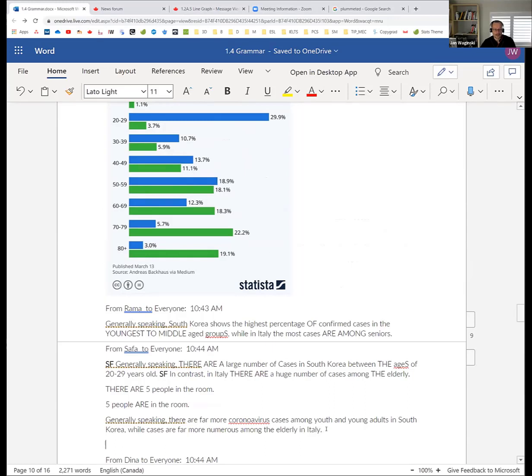So this is a very broad generalization, which is what a general overview is supposed to be. Just a quick snapshot. You look at it, the blue lines are much bigger for the younger groups among the Koreans, and the green lines are much bigger for the older people among Italians.